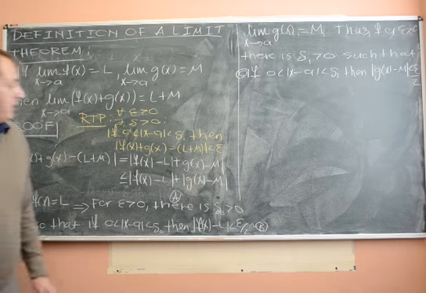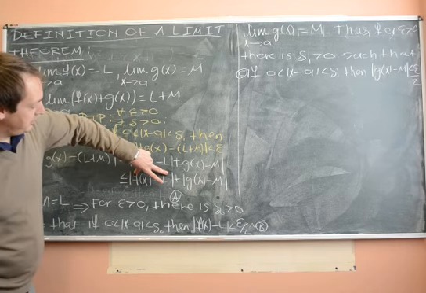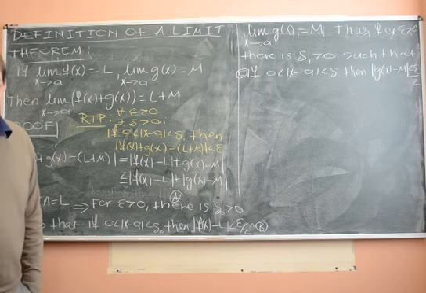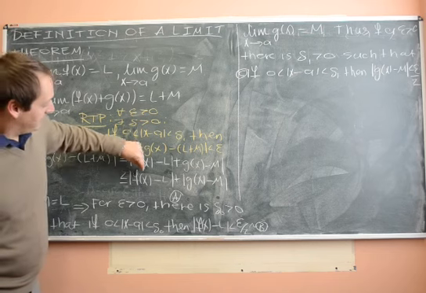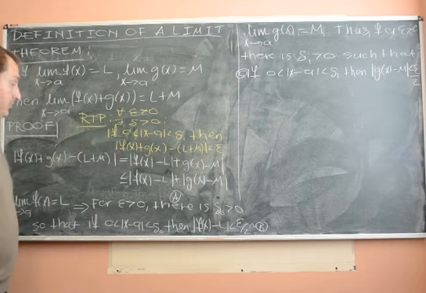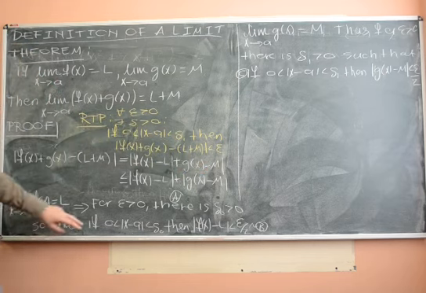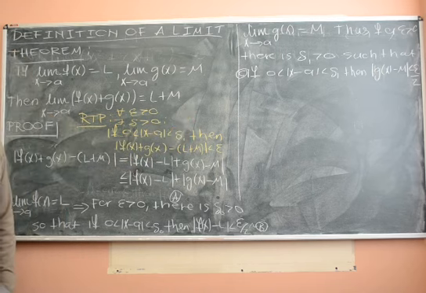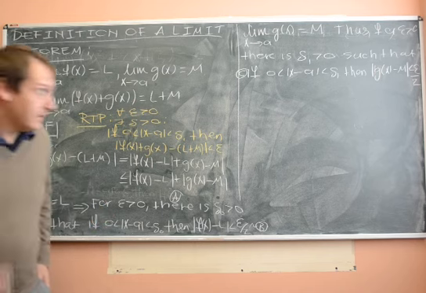So now we want this to be less than epsilon over 2 and that to be less than epsilon over 2 at the same time. So for the same values of x, both these terms must be less than epsilon over 2. Now for f we have a delta and for g we have a delta, so we need to find one delta that will work both for f and g.